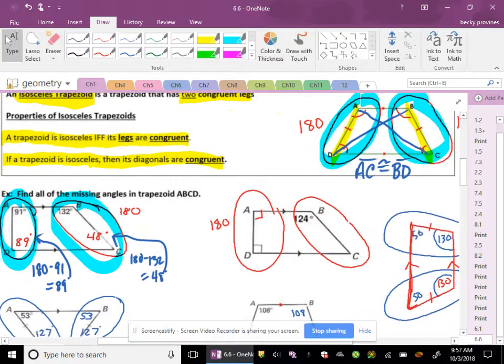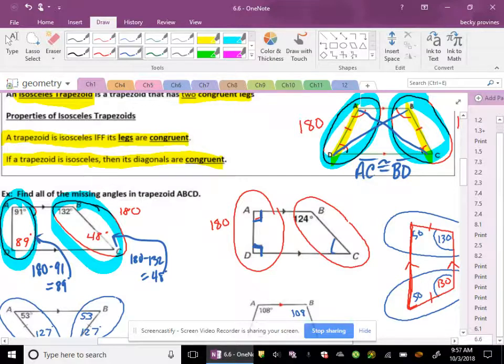Okay, let's keep going. I know together these equal 180. I did my circles. The circles are a good thing to start doing. So you remember how to do it. If one of them is 90, the other one has to be 90 because together they equal 180. So it looks like I didn't write this one in.